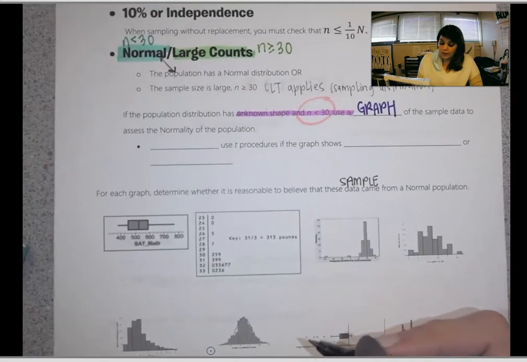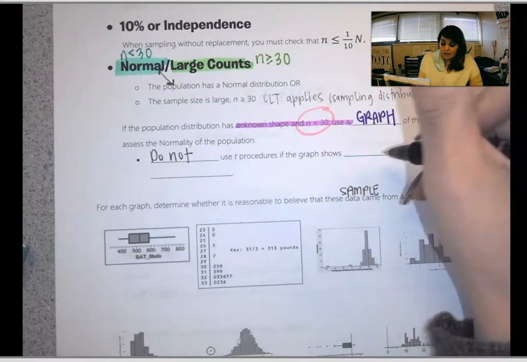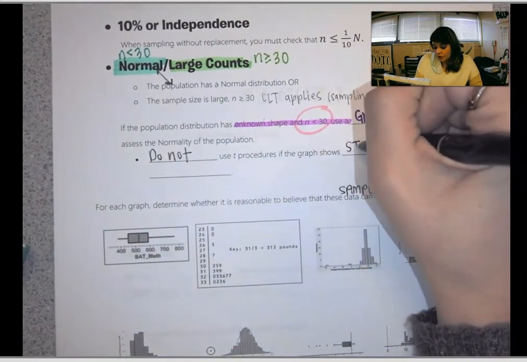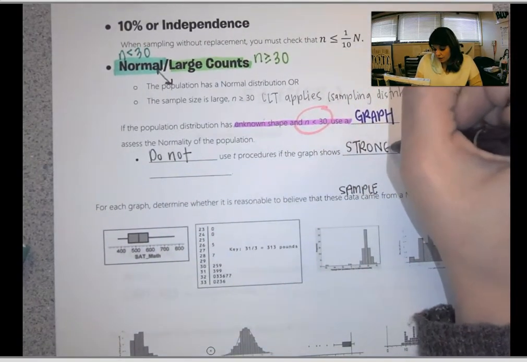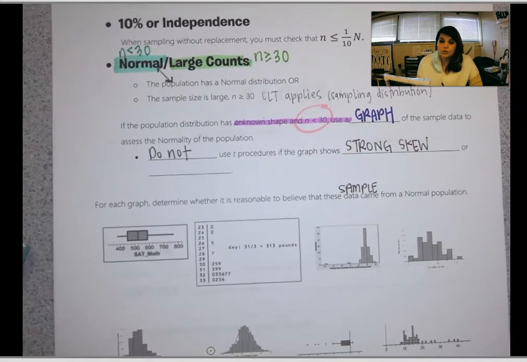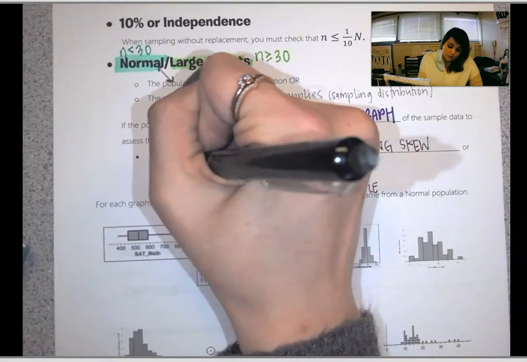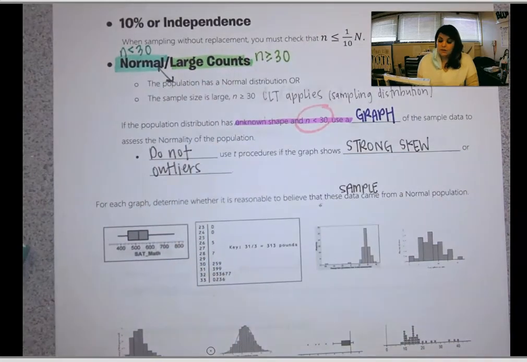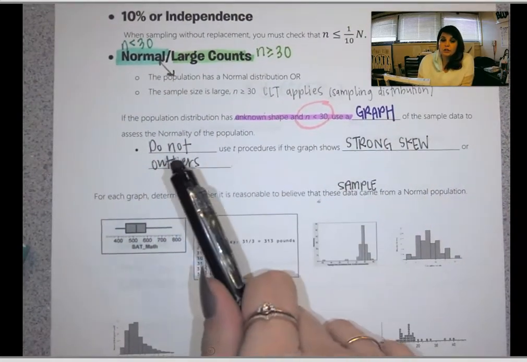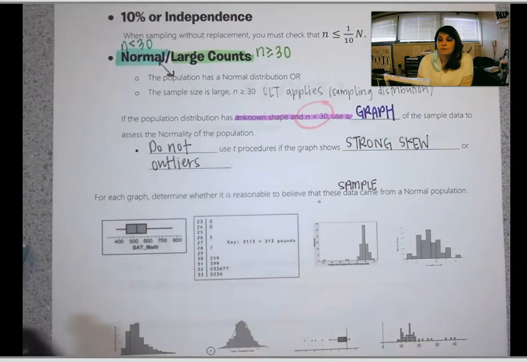So we do not use t-procedures if the graph shows strong skew or outliers. If there's strong skew or outliers, we are not allowed to use a normal distribution to find our confidence interval because we have to use a normal distribution.